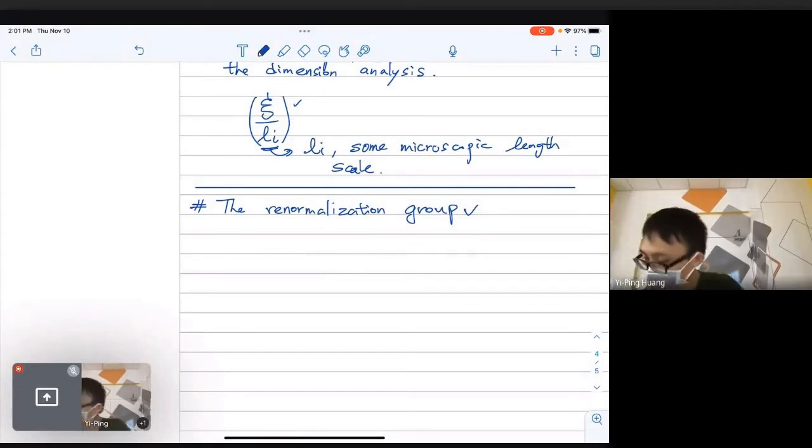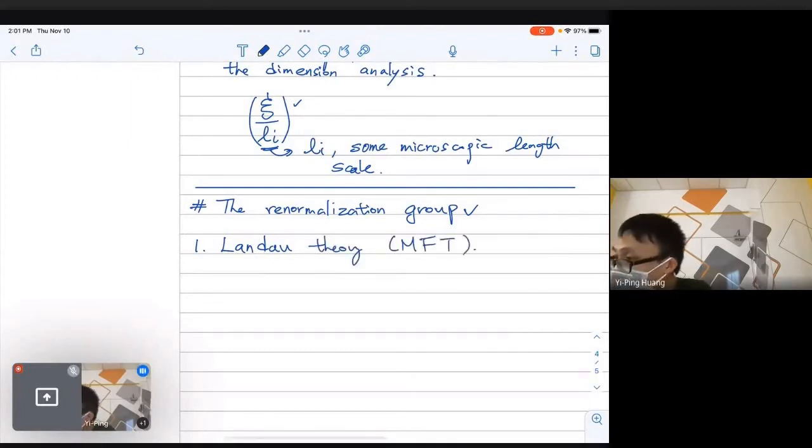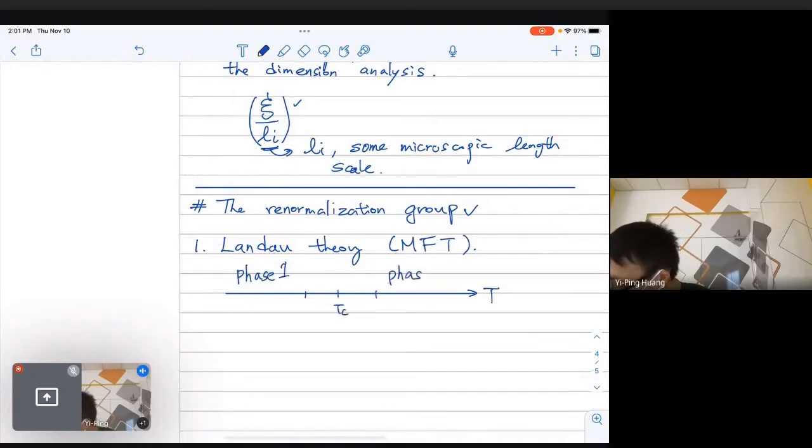So let me go back a little bit and provide a bigger view of what we are trying to do. We introduced the Landau theory, which is to some extent related to the mean field theory. When we change the temperature, we might have some phase 1, and there's a TC, and there might be another phase 2.